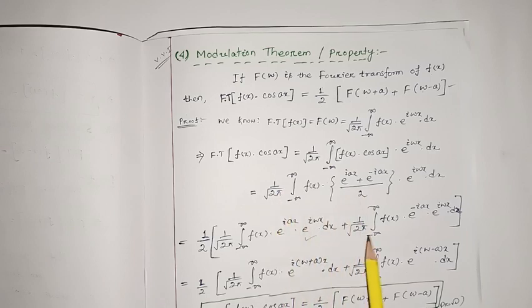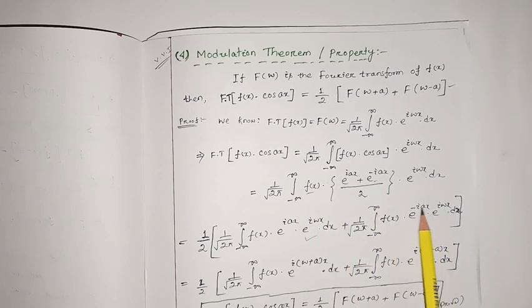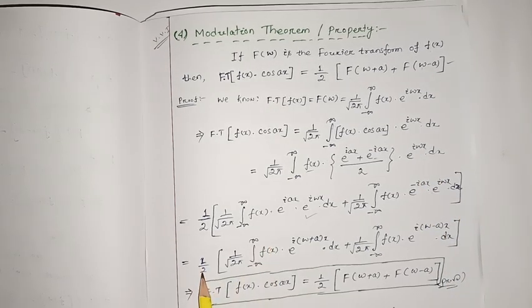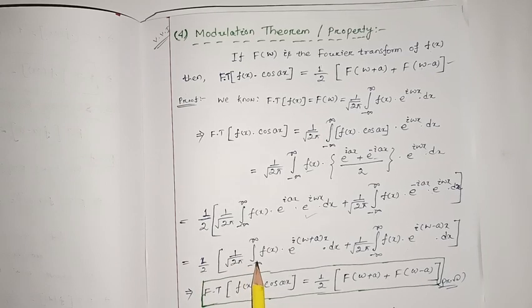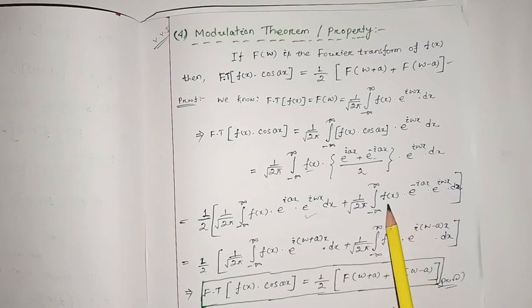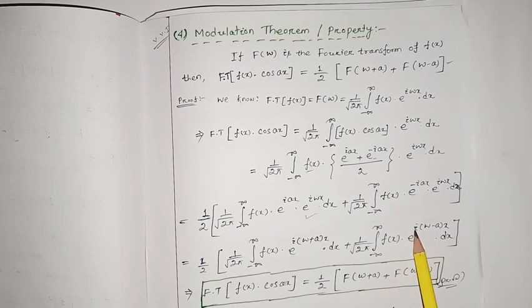Plus 1 by root over 2 pi, minus infinity to plus infinity, f x, e to the power minus I ax into e to the I omega x dx. Okay, so 1 by 2 is already there. Here e to the I ax and e to the I omega x can be written as e to the I omega plus a x dx. Likewise here it can be written as e to the I omega minus a x dx.